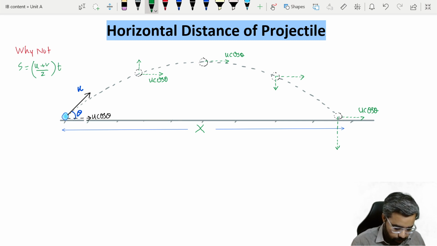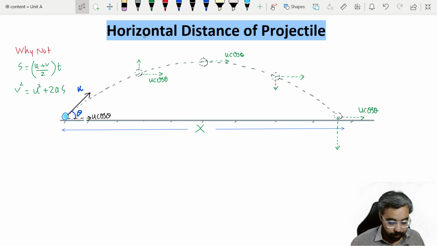And why not this equation, v squared equals u squared plus 2as? I'm sure you have an idea that we have to find the final velocity for this as well, but that is the same. So if you use this equation, you also have to find the time.